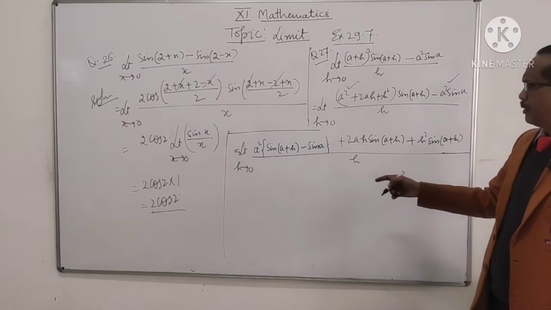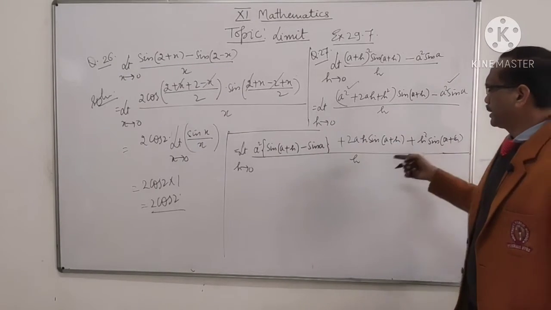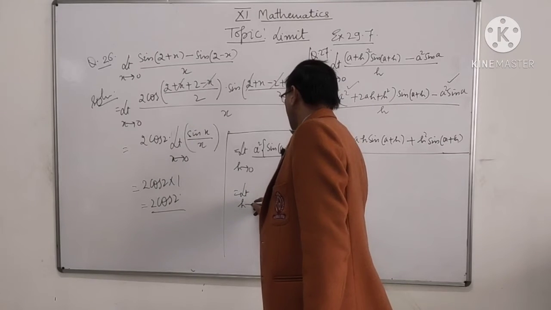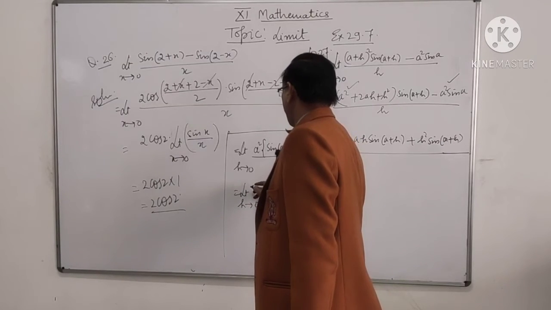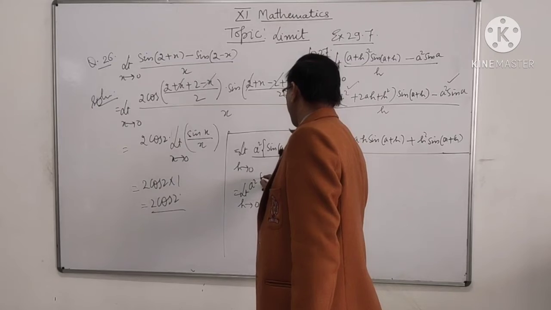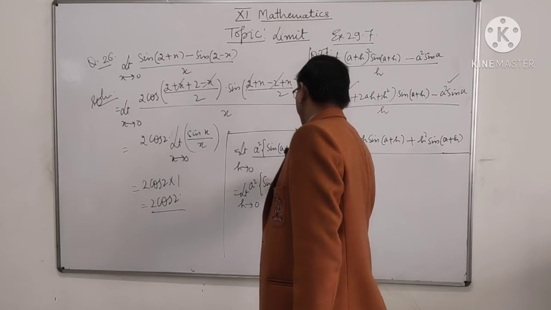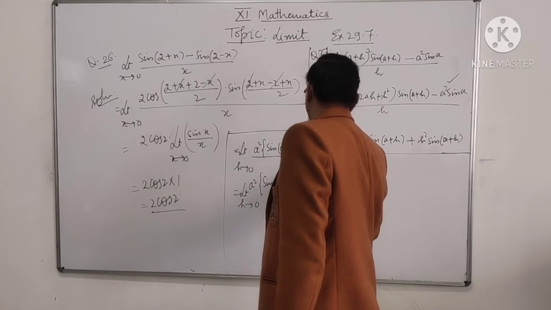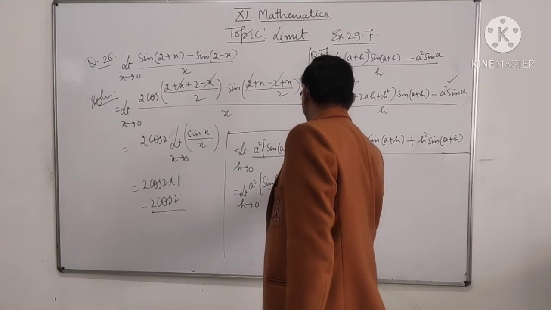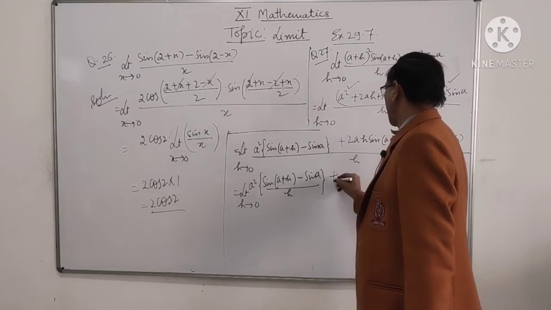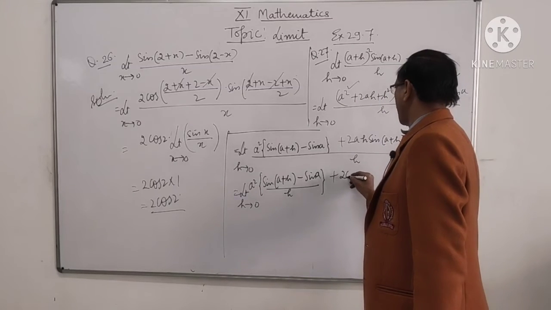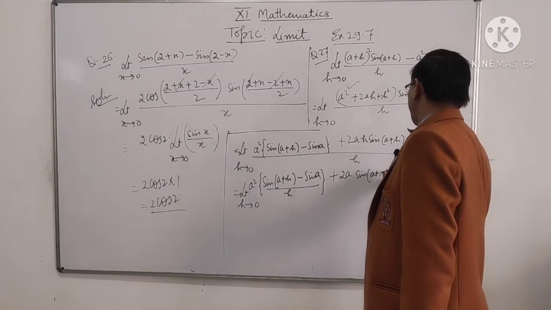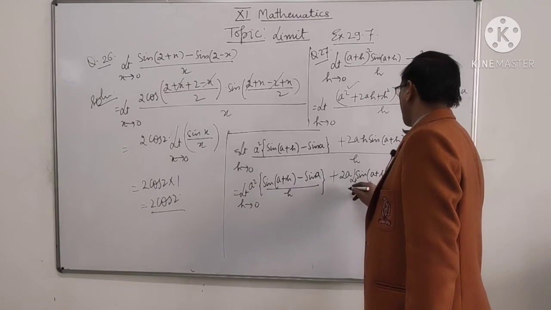Now divide all the terms by h. Separate the terms: a square constant, sine(a plus h) minus sine a upon h, plus, here h is cancelled, so it is simply 2a into sine(a plus h), and limit h tends to 0.